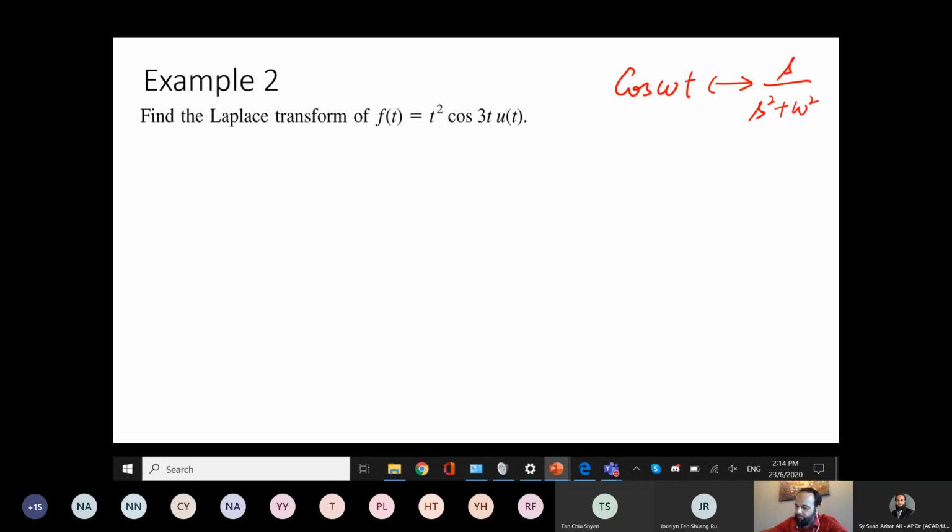But what we have is a t square multiplied with it. So we have to check which property we can use that will help us. This is f of t and this is f of s, and there is a t square with f of t. What happens to f of s?